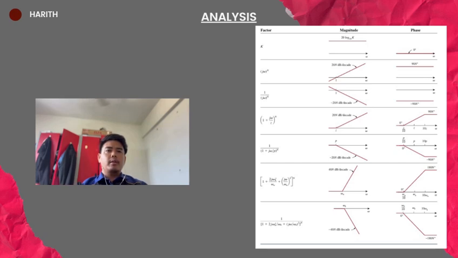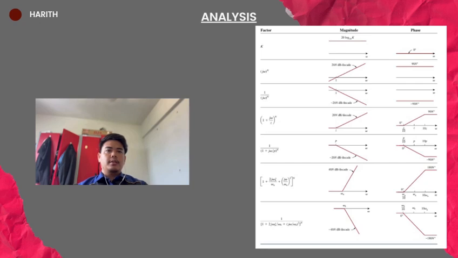And the last one, we will use second order pole, which is number 5 from the table. This complex factor captures second order system dynamics, including resonance and damping effects. The magnitude plot shows a steeper negative 40 dB per decade slope above the natural frequency, with possible peaking near it for underdamped systems.